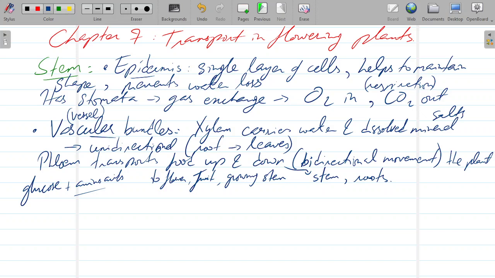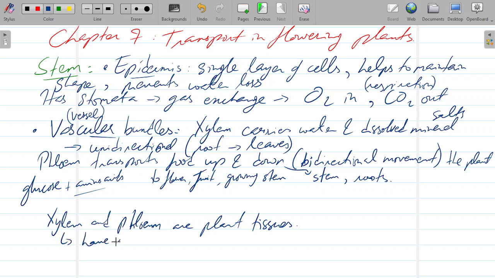We've talked about tissues earlier, and the mention of the xylem came up, so the xylem and phloem are plant tissues, and they have elongated cells.